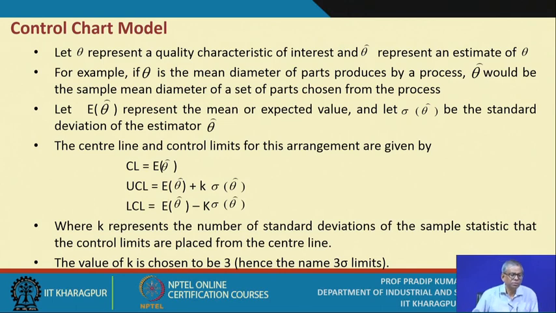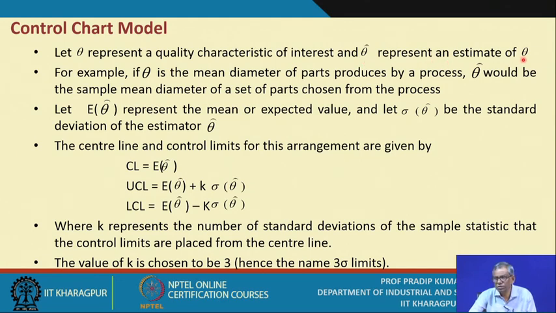Now let us talk about a typical control chart model. So let me just go through certain points. Let's say theta represents a quality characteristic of interest, say length or diameter of a part, and theta hat represents an estimate of theta.